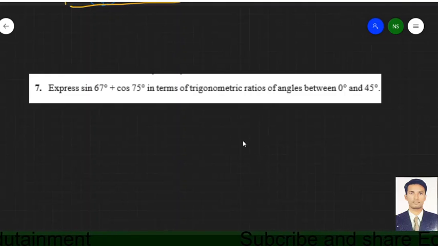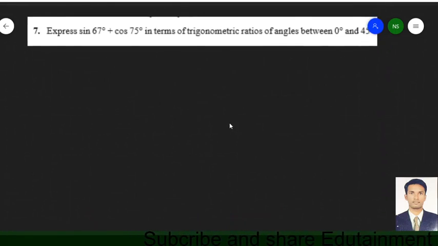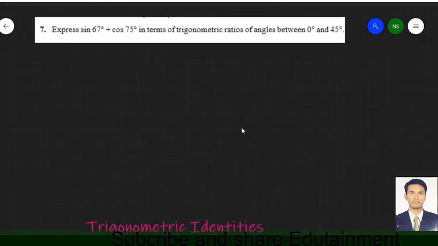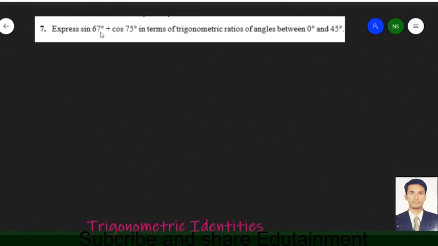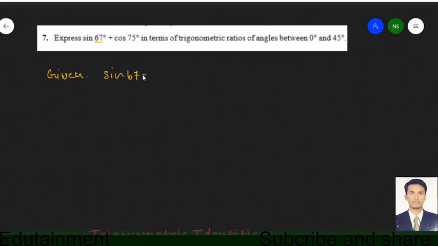Express sin 67 plus cos 75 in terms of trigonometric ratios of angles between 0 and 45. Here they are asking you to represent these angles between 0 and 45, that's it. So I am writing sin 67 plus cos 75 degrees.